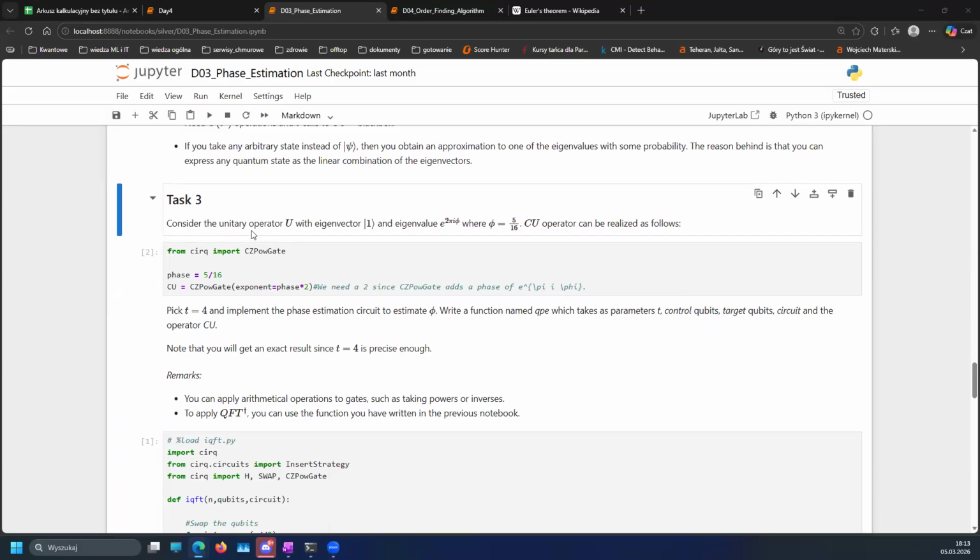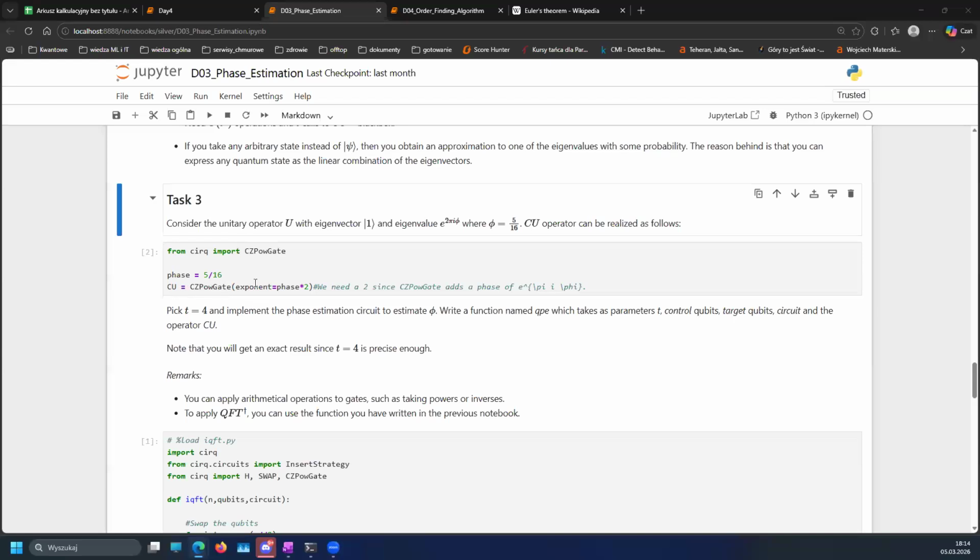Here, as the input, we get some unitary operator u with eigenvector ket 1 and eigenvalue e to the power of 2 times pi times i times p, where p is given. And as you should remember, we have the controlled z power gate. Here the phase is given.